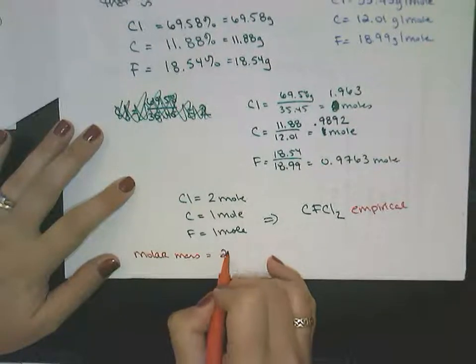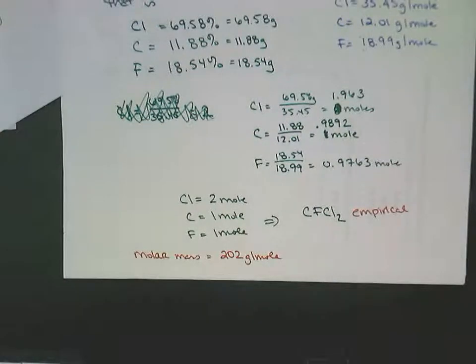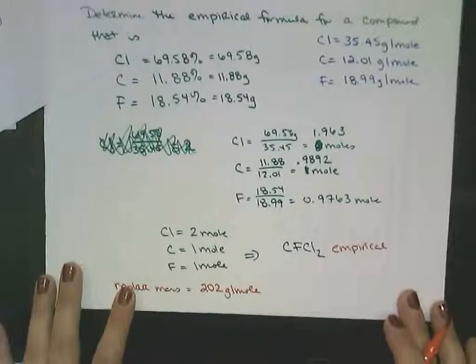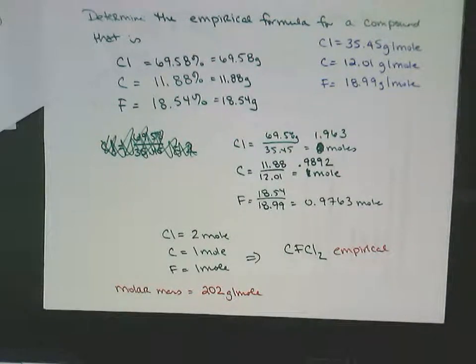Let's say I know that the molar mass of the final product is 202 grams per mole. What is the molar mass of just this by itself in its current empirical formula? I actually don't know. Let me see.